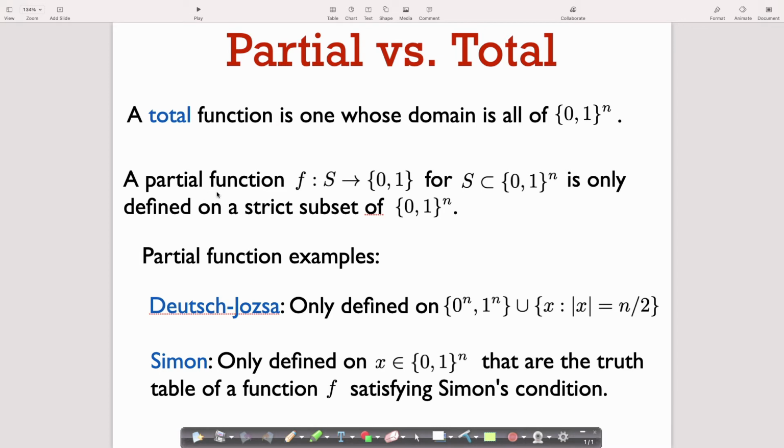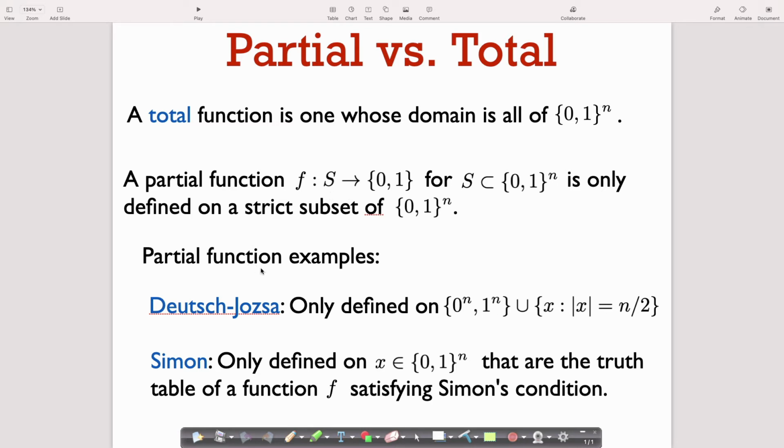On the other hand, a partial function is a function which is only defined for a strict subset of {0,1}^n. Okay, so these are also called promise problems, right? Because you're promised that the input will come from this set S.